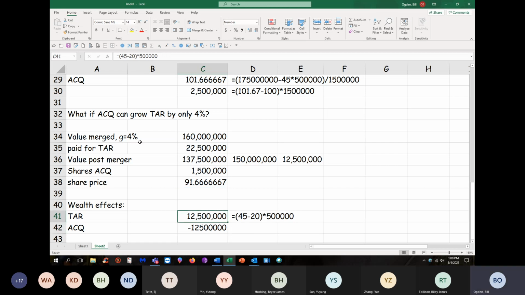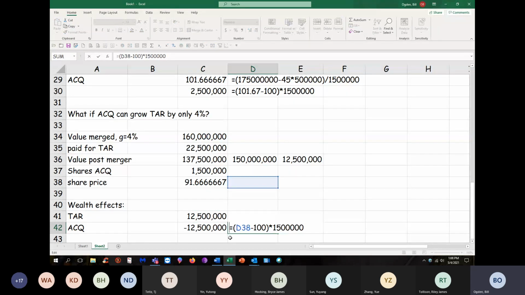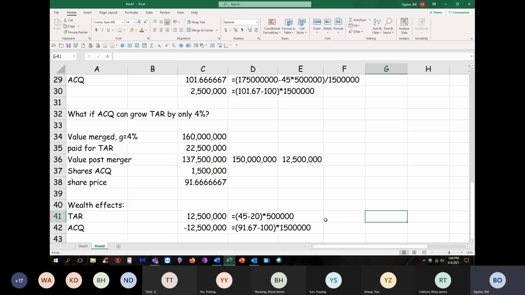So there you go. They lost 1.5 million. Let's do this again. Oops. That'll get you pretty close. Yeah. So they lost, was that 8.33 a share?